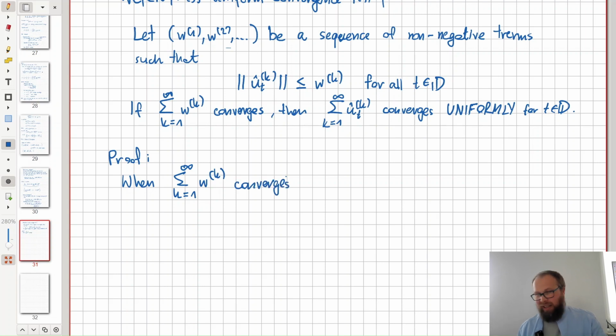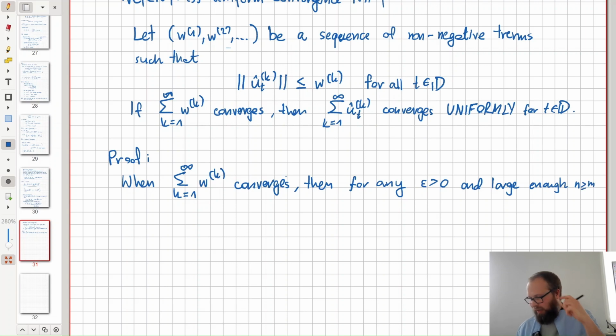So it means that for any epsilon, for any accuracy threshold, and large enough n, m, so indices.